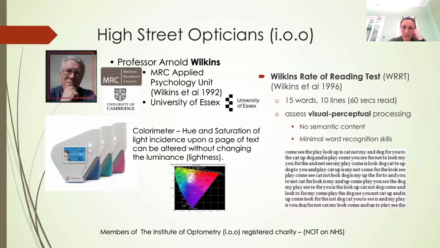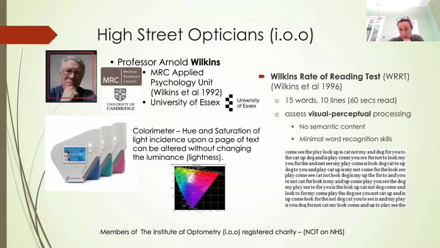So the high street opticians: the colorimeter was designed by Professor Arnold Wilkins while he was at the University of Cambridge under the MRC Applied Psychology Unit. It varies the hue and saturation of light upon text, and you can get the bespoke colour that feels most comfortable for the individual.